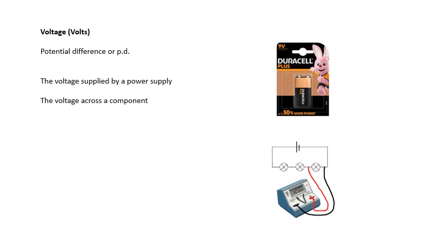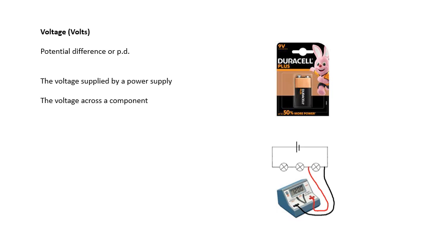So voltage. Voltage is measured in volts. Potential difference is the same thing. You can say potential difference or PD or voltage. It is the same thing. It's measured in volts. We can talk about the voltage supplied by a power supply. For instance, this battery is a 9-volt battery, okay? Or the voltage across a component.